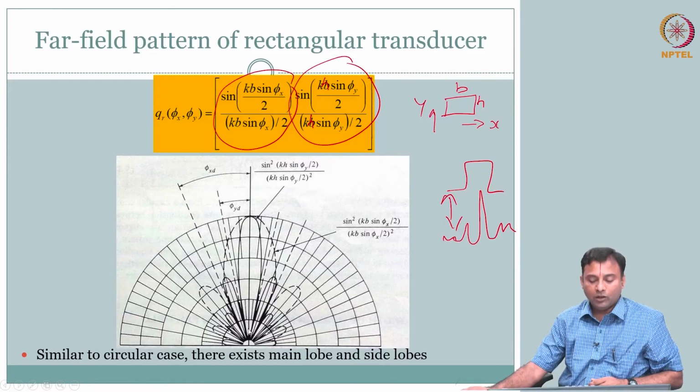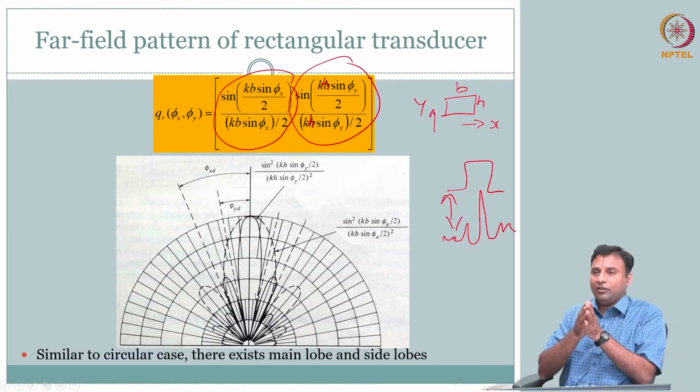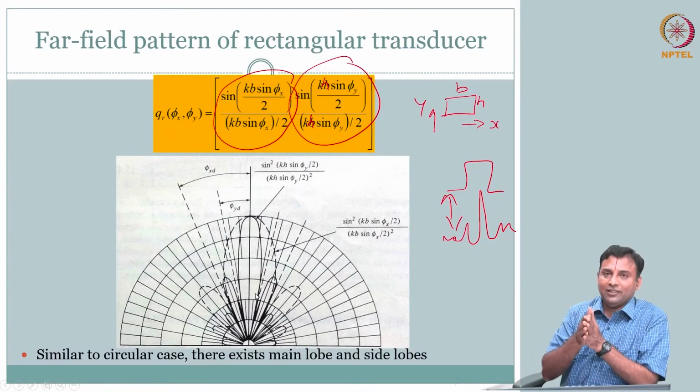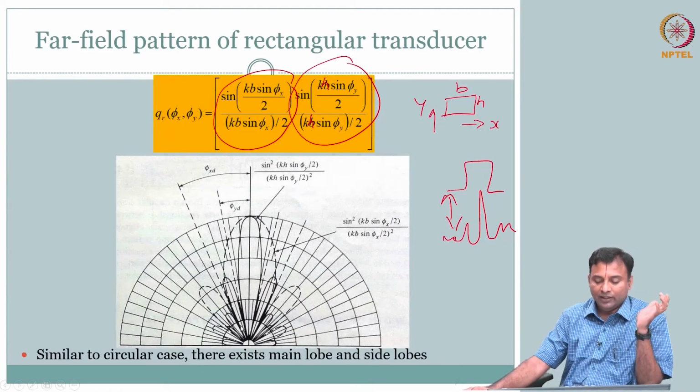The problem with all of this, I will talk about further when we go to the imaging aspect explicitly, but the side lobe is undesirable. I am thinking I am sending pressure in front of the transducer, but when it leaves the transducer, it is not just hitting the object in front of it. It is also hitting, with some pressure levels, at different angles.